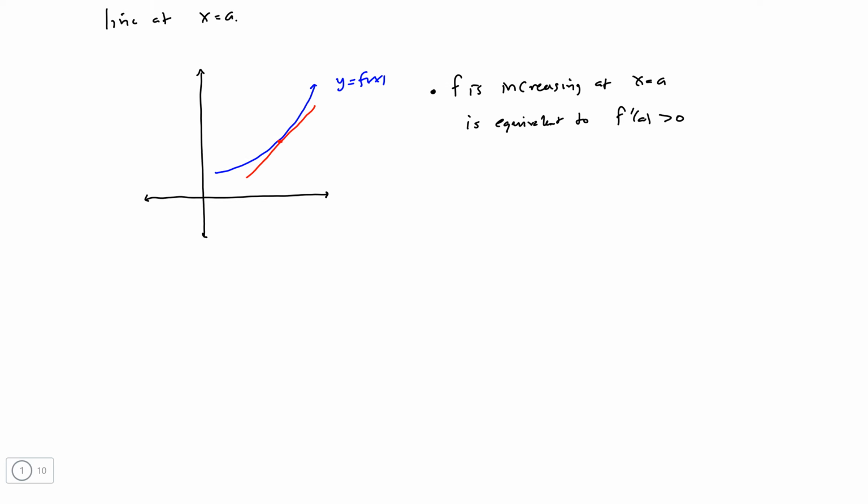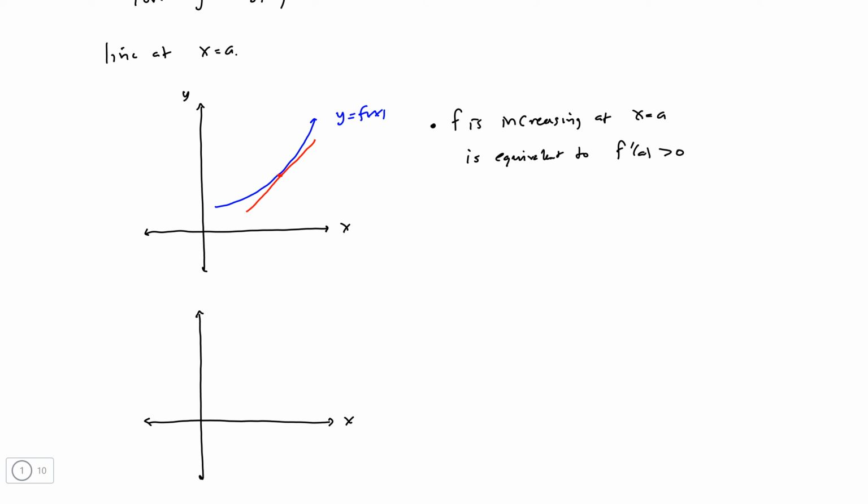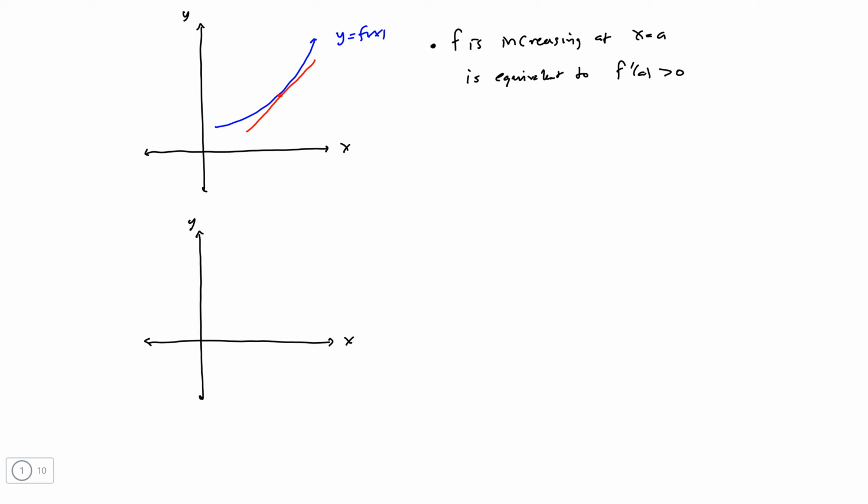And similarly, if the derivative is negative, let me put some labels on these axes. If our derivative is negative, like this, notice the slope of this line is negative.